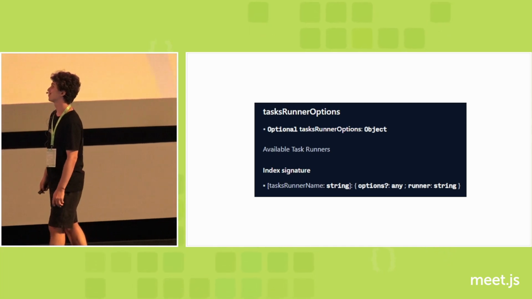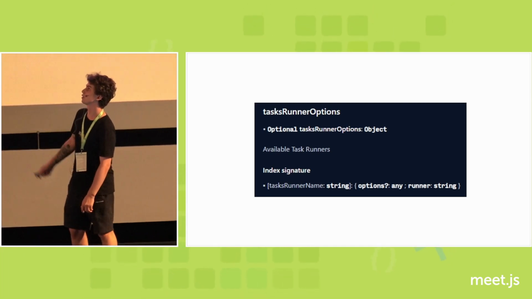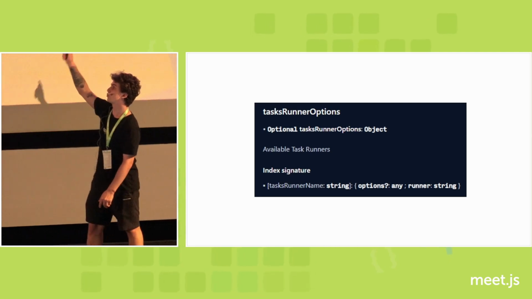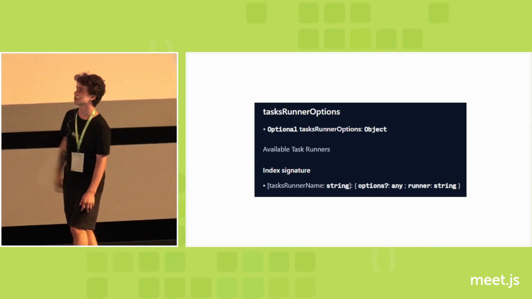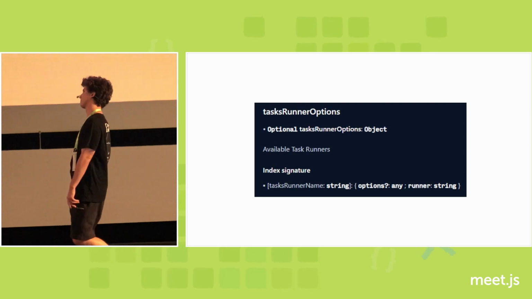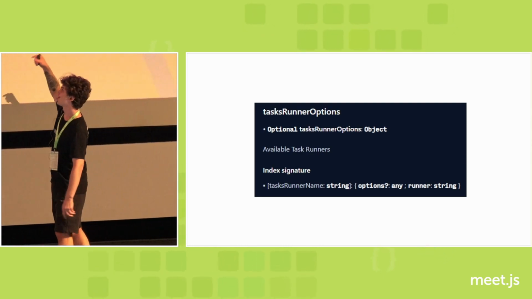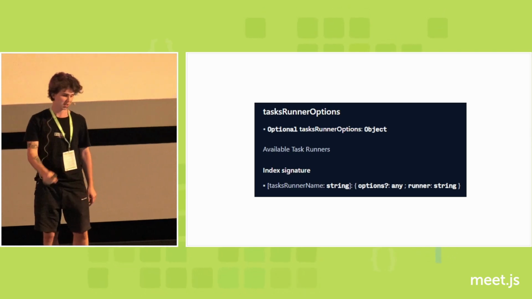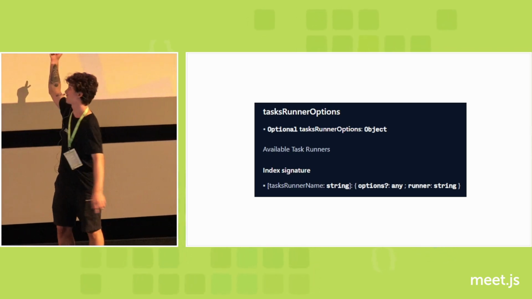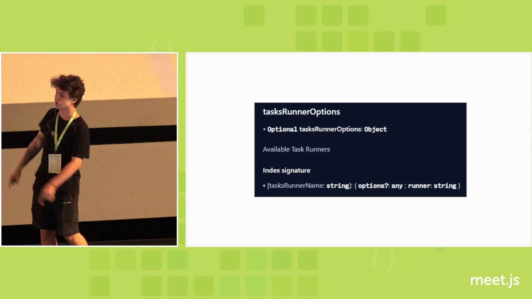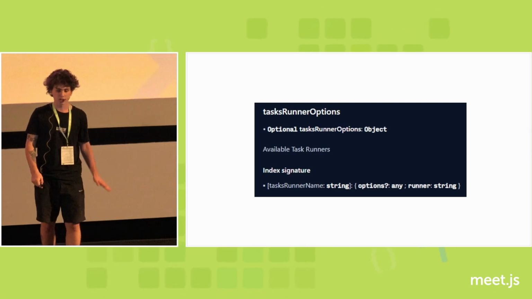And for me, that's a joke, because the description contains only 3 words: available task runners. For me, that doesn't tell anything. Also, we have task runner name, which contains options as any. Amazing. And runner as a string. And this is the whole page, without any explanations of how it works.